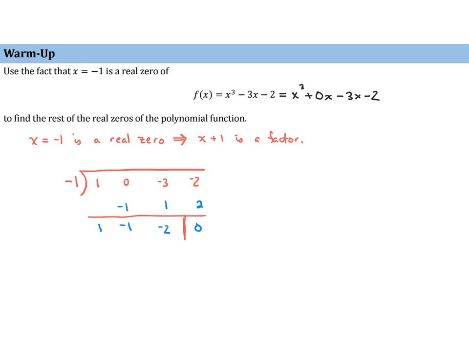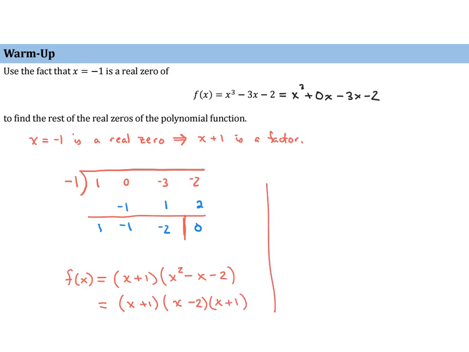So now we can take our function, f of x, and rewrite it as the divisor times the quotient, and then we could put plus remainder of 0, but that plus 0 would go away. So now we have x plus 1, and then we can factor x squared minus x minus 2 as x minus 2, x plus 1.